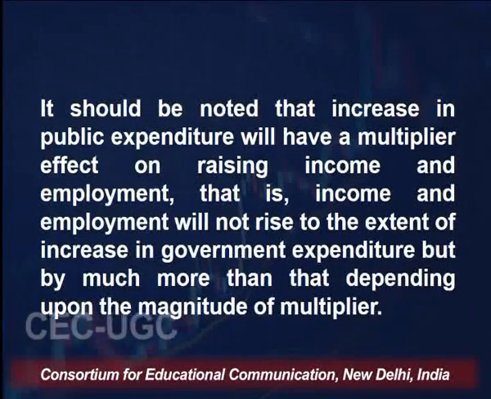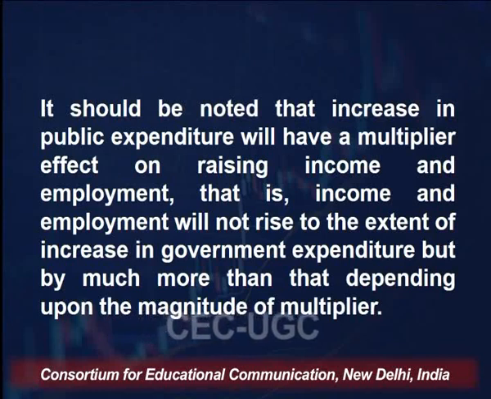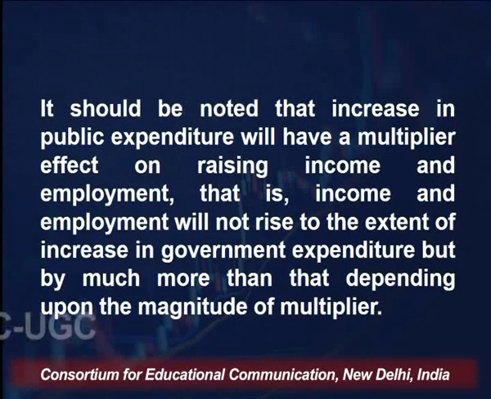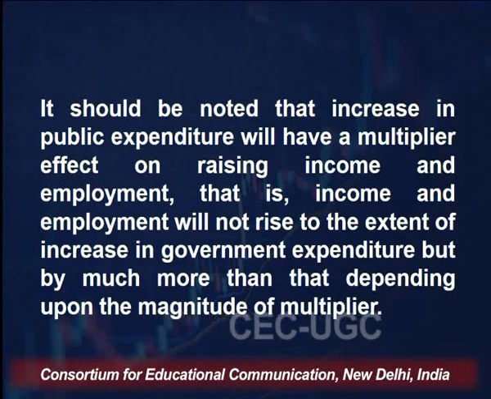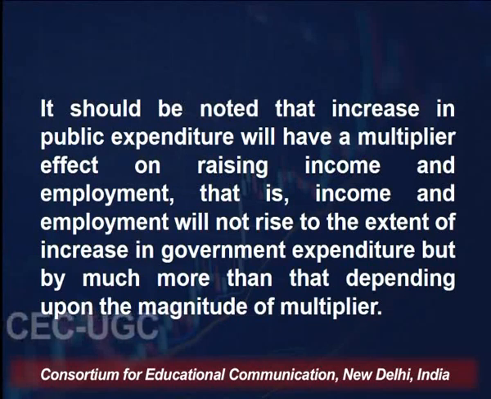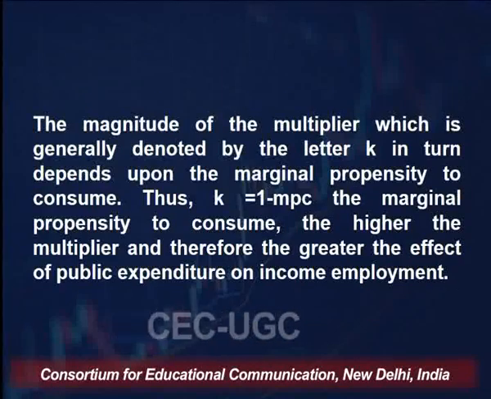Now, it should be noted that an increase in public expenditure will have a multiplier effect on raising income and employment. That is, income and employment will not rise only to the extent of the increase in government expenditure, but by much more than that, depending upon the magnitude of the multiplier.